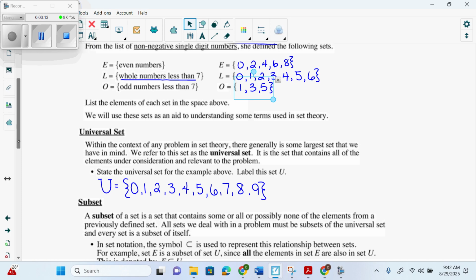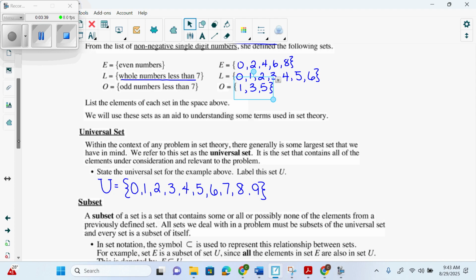Can everyone put their pencils down? Because subsets are really easy to understand if we're paying attention, but brand new, so kind of weird if we don't. So a subset means that everything in one set is contained in the other one. So for example, if my first set contained 1 and 2, my next set, to make this be a subset of this set, has to contain at least 1 and 2.